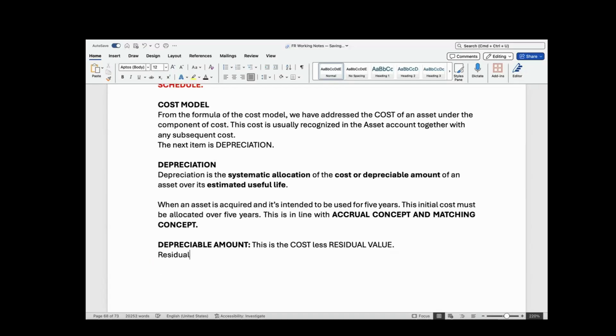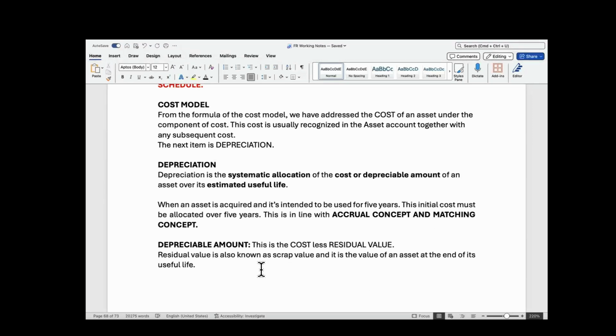Residual value is also known as scrap value, and it is the value of an asset at the end of its useful life.